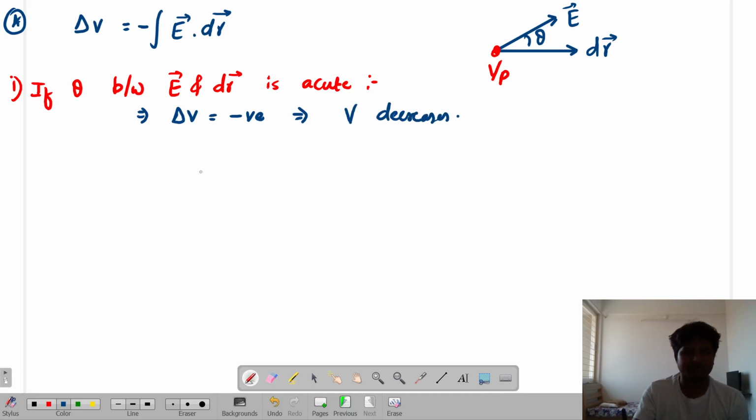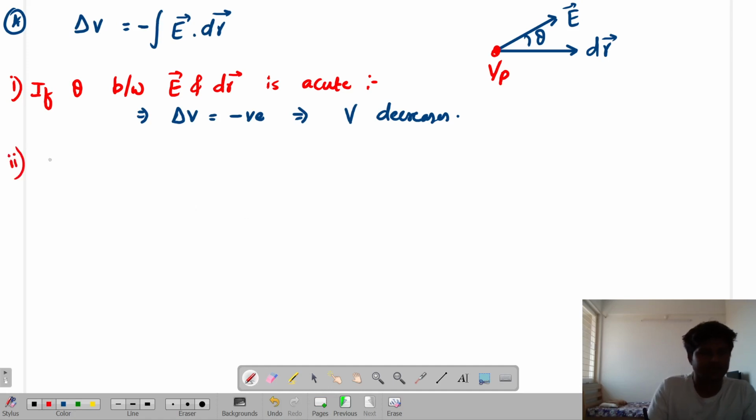Let's suppose if I move this way, if the electric field is in this direction and distance is also increasing in that direction, then the potential will decrease in that direction. So when you take the same direction of electric field and dr, the potential will decrease in that direction.